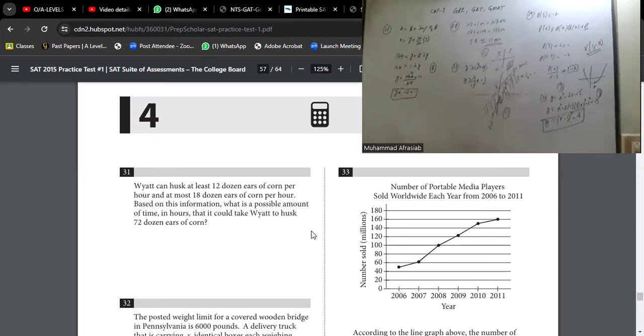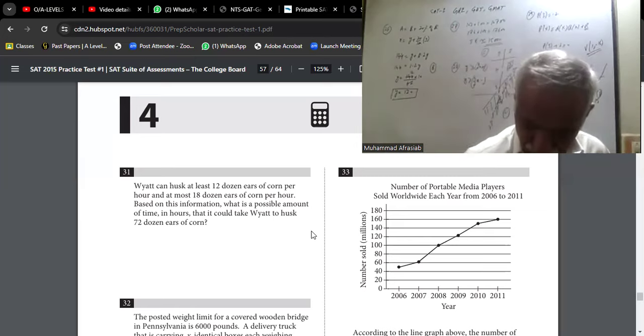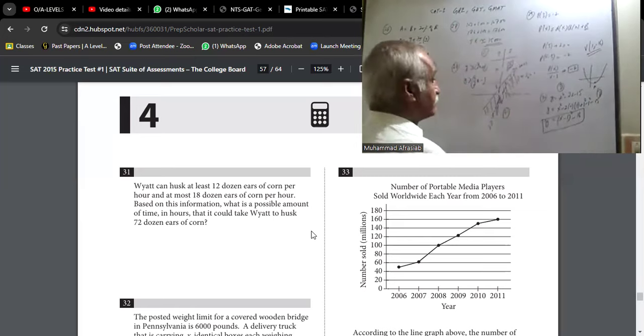So we know that we have to show the minimum and the maximum limit there. So that means it is first 72 divided by 12 hours, and then 72 divided by 18 hours. So the total number of ears there is 72 dozens. So we can use this part for this question.